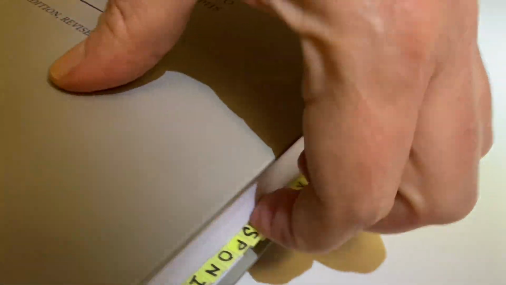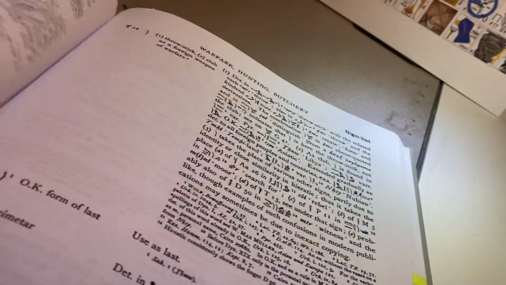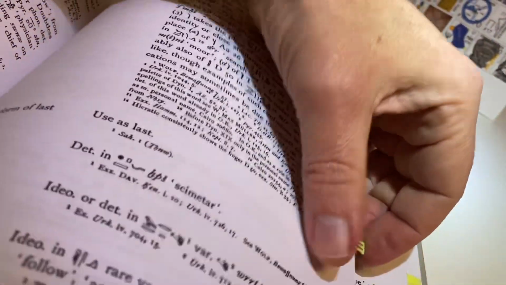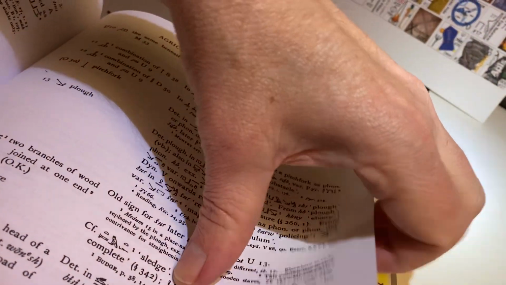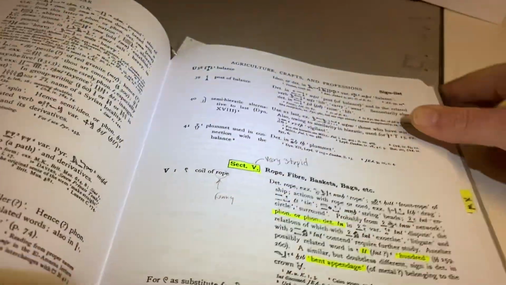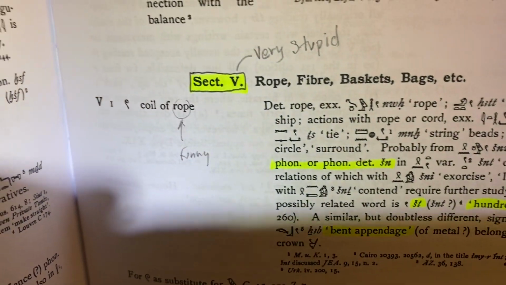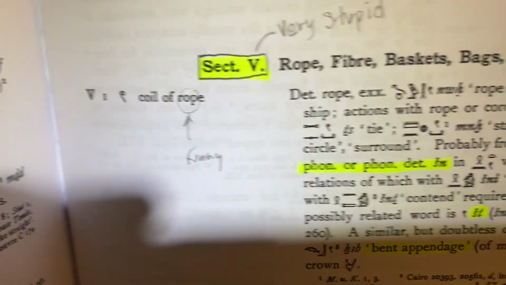I go to V. We see that Gardiner says that V1 is a coil of rope.